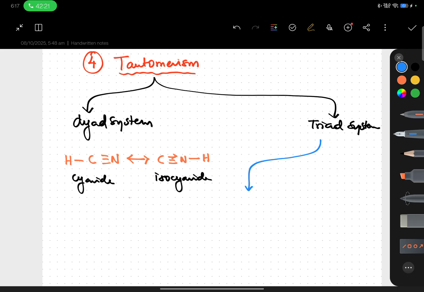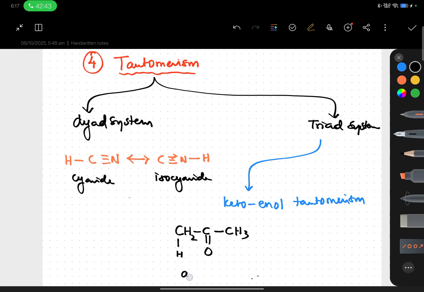Now we can also see another system called keto-enol tautomerism. This is called acetone. So what will happen to acetone in this case? Very simple.